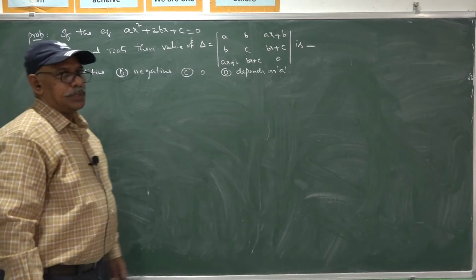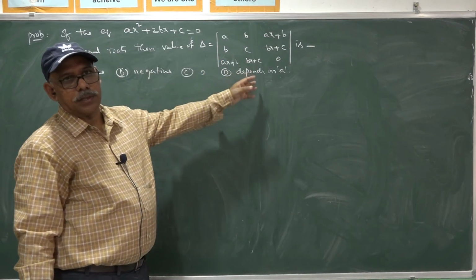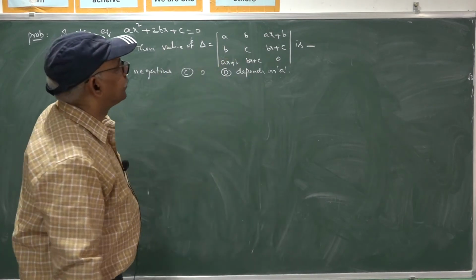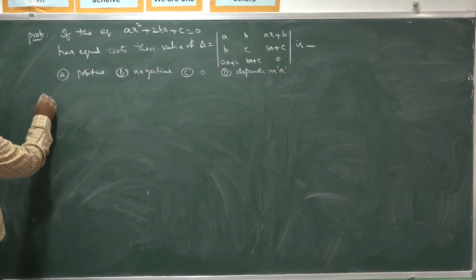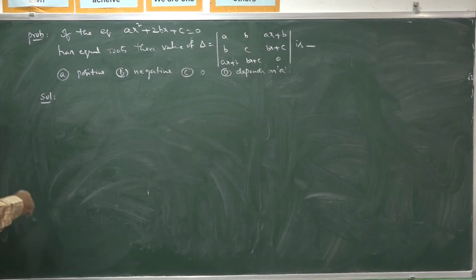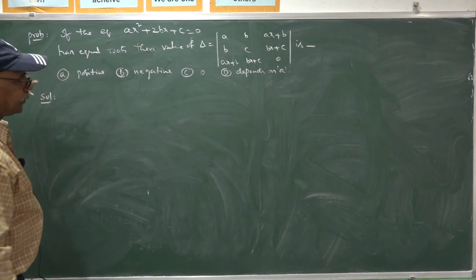The determinant value is either positive or negative or equal to 0, or otherwise it depends only on A. So this is the question. Given ax square plus 2bx plus c equal to 0 has equal roots, that is our condition.